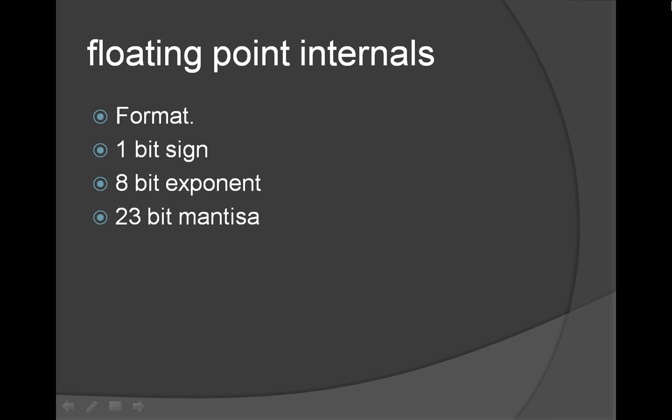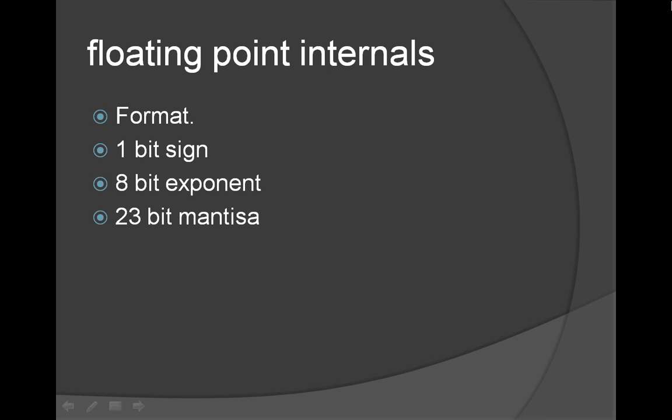So the next topic is floating point. Floating point, as we know, is a 32-bit value, and it has a specific format. In binary, we cannot represent 1.3 or 1.2, something like that, so we use a format to do that. What we're going to do is explore that format. Total 32 bits.